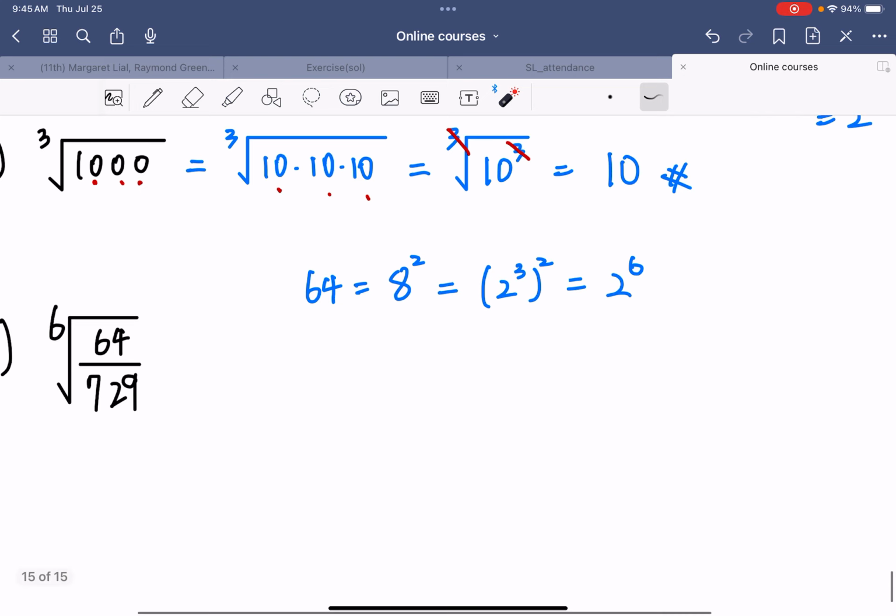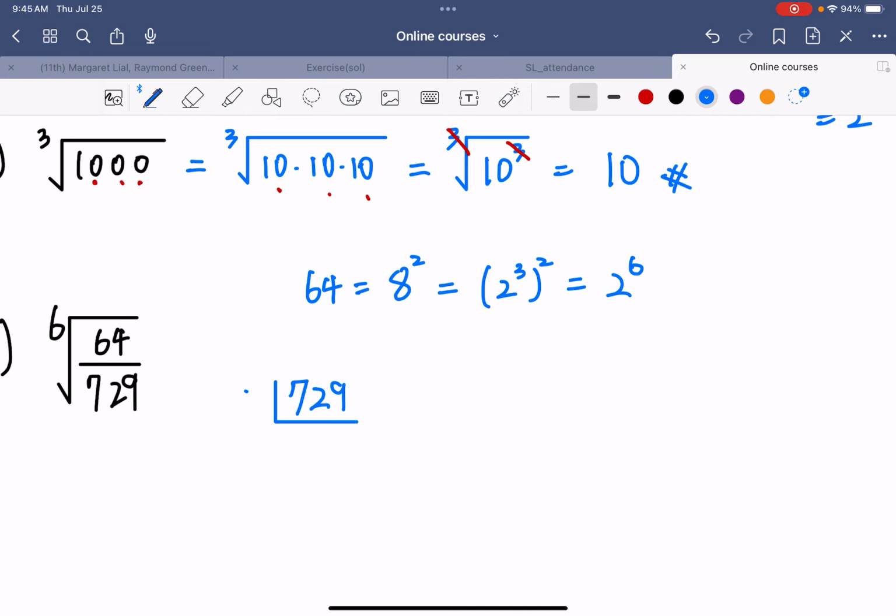Good. Then let's move on to the denominator. So we got 729 for the denominator. That's a big number, so let's do the short division. And since its last digit is not an even number, we know 2 will not work. Let's try 3.